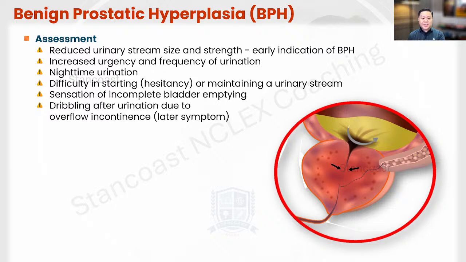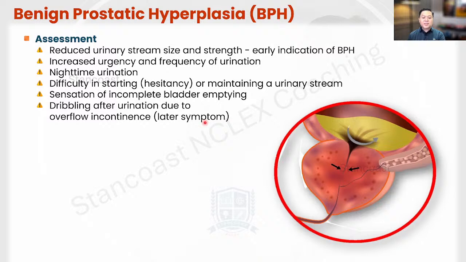Now, there's also going to be dribbling after the patient has urinated, and this is what we call overflow incontinence, okay? This is a symptom towards the later stage of BPH. So please take note of this: dribbling after urination is what we call overflow incontinence.